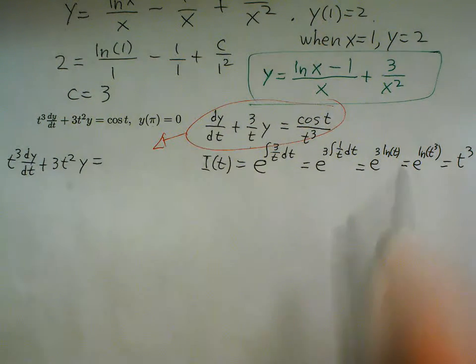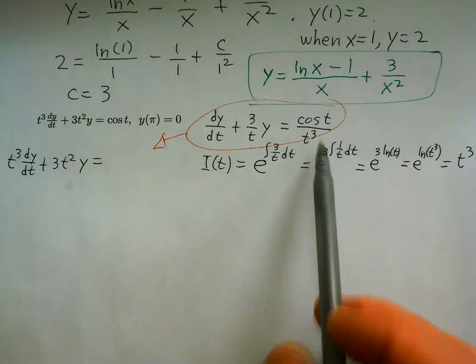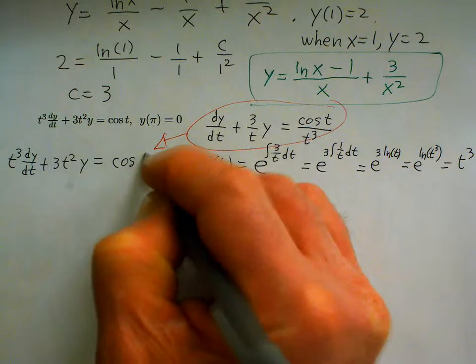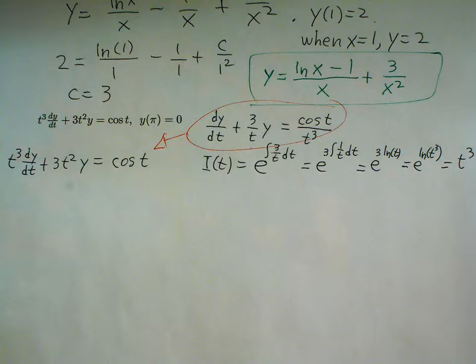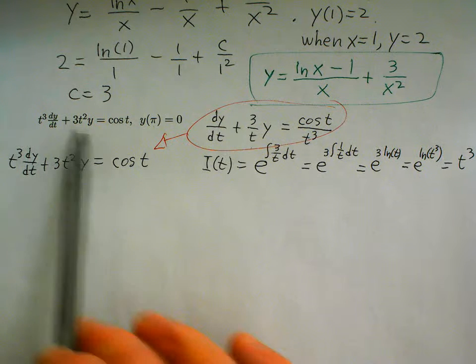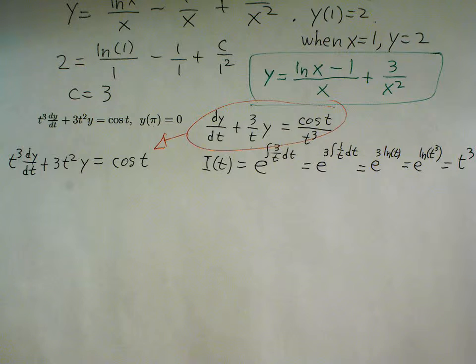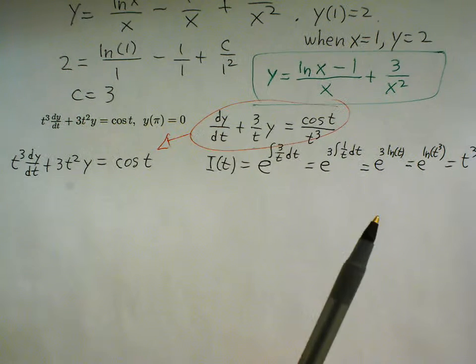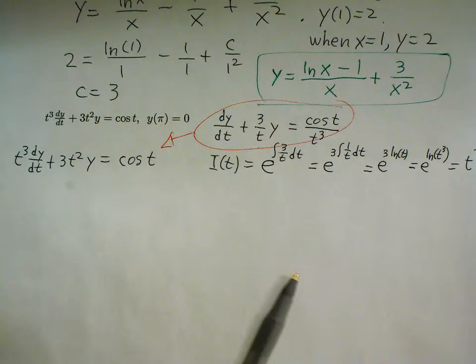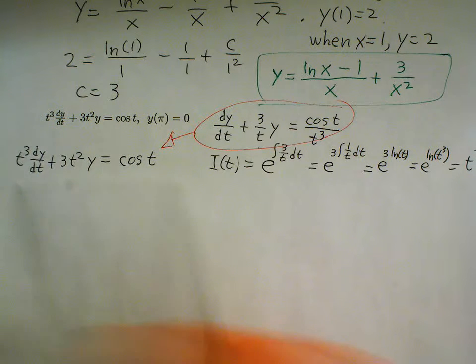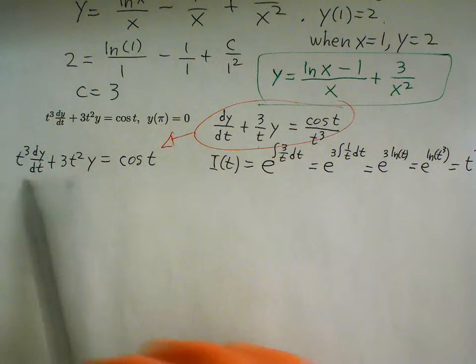On the right-hand side, when we multiply by t to the third, we're just left with cosine of t. So here's another case where the original equation is in the form that we want it. After you do this a few times and make that observation, then you'll start to look out for it.